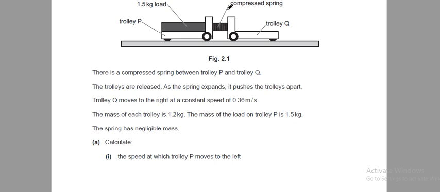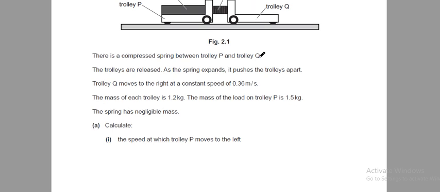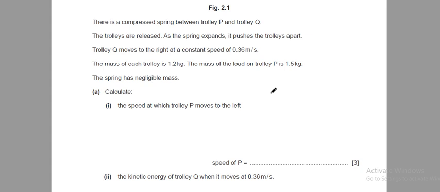As each one of them moves in the opposite direction of the other, we expect that after the trolleys are released, the momentum of the first, which equals mQ vQ, should equal the momentum of the second, which is mB vB.